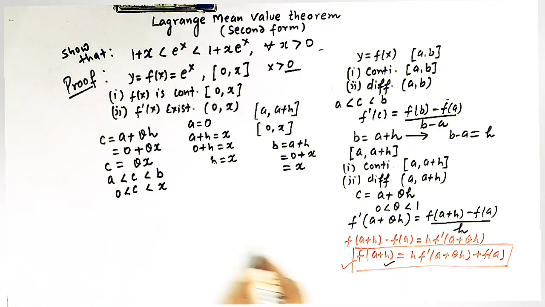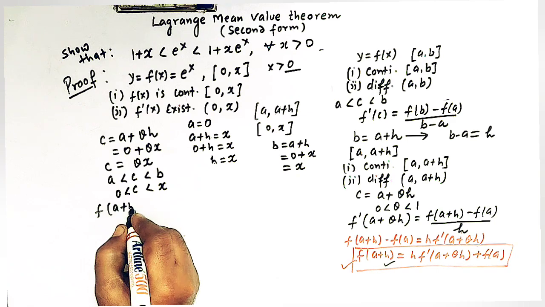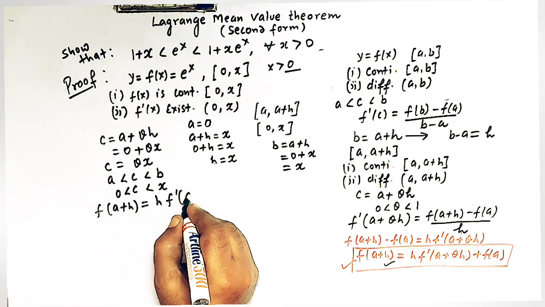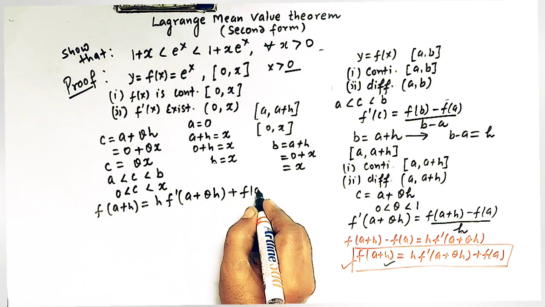So now we have this statement, that is f of a plus h is equal to h times f prime of a plus theta h plus f of a.